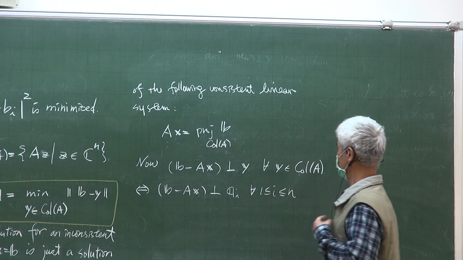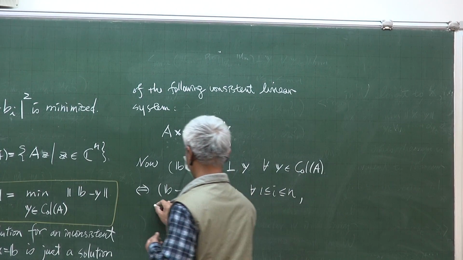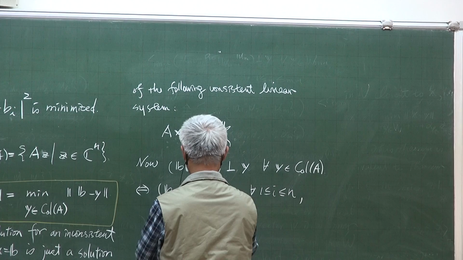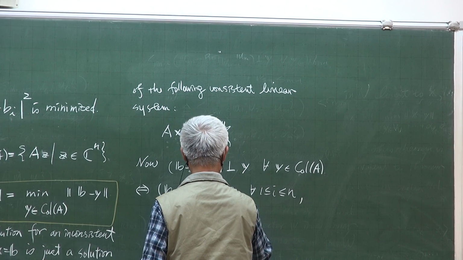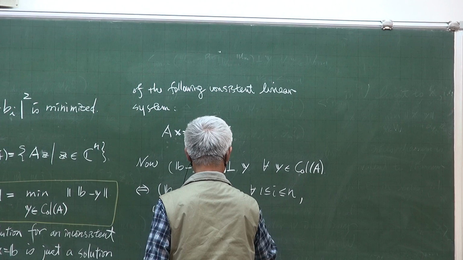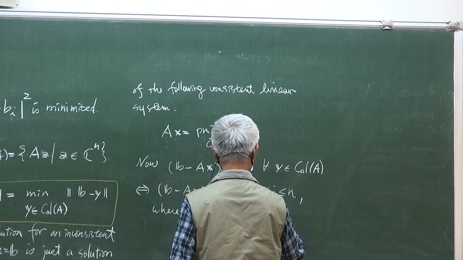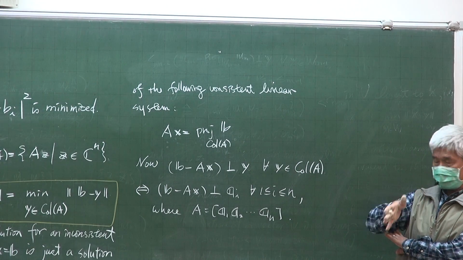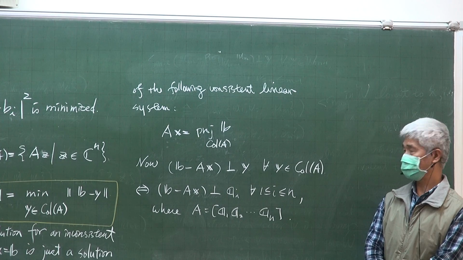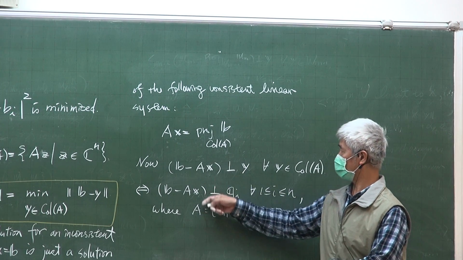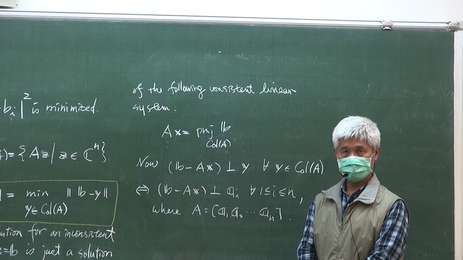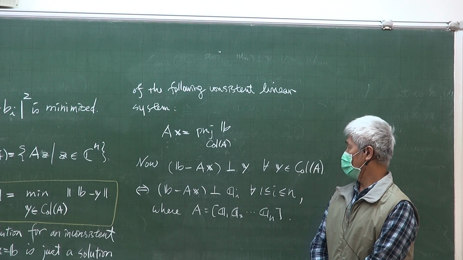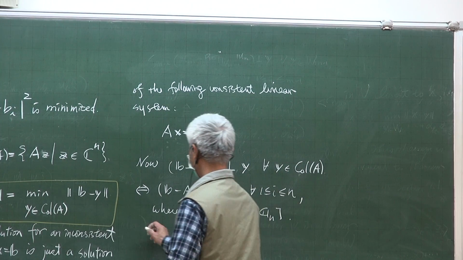Okay? Where A1, A2, up to AN, the Ai are the column vectors of A. So this is the orthogonality condition.